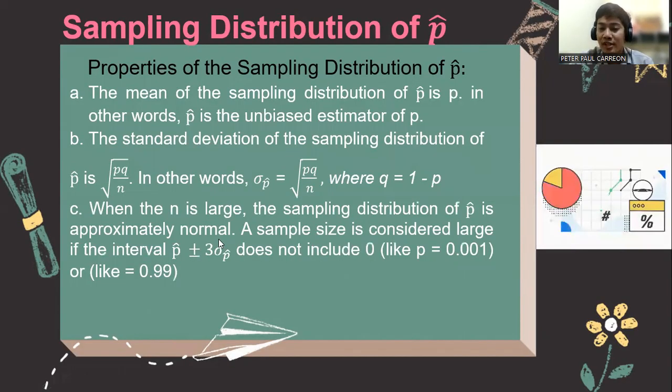A sample size is considered large if the interval p hat plus or minus 3 sigma sub p hat does not include 0, like P is equal to 0.001, or like P is equal to 0.99. So a very large sample would mean that our sampling distribution is already normal.